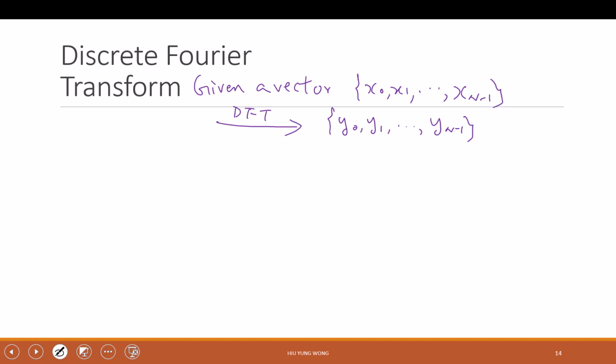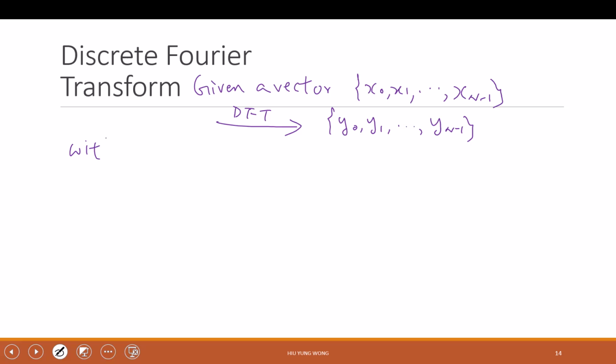And how do you transform one vector to another vector? You use what? That's what we have been talking about in this class: a matrix, an operator matrix, right? So, of course, I need to define it. Now I am going to define the discrete Fourier transform.